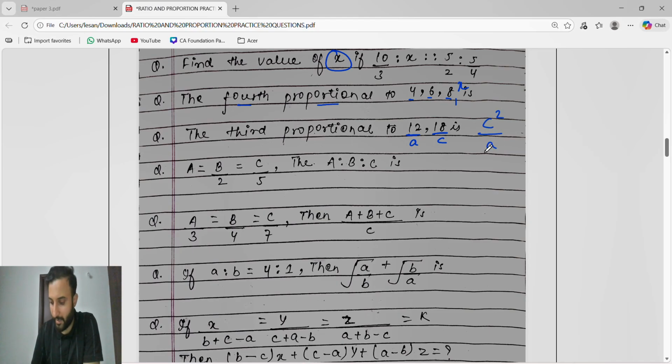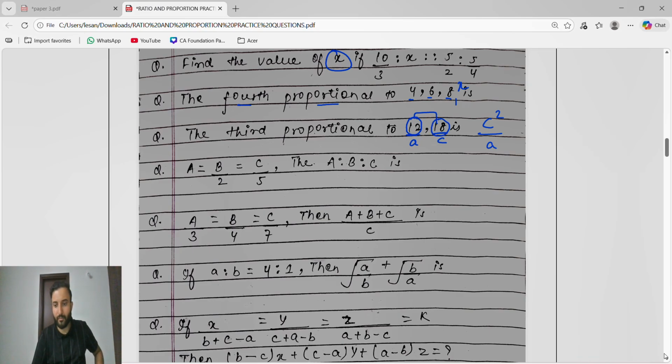So c is 18. 18 square means 18 into 18, you will get 324, divided by a. a is 12. So 27 is the correct answer. So the third proportion formula is c square by a. In third proportion, every time they will give the two values. The first value I will take as a, the second value I will take as c.